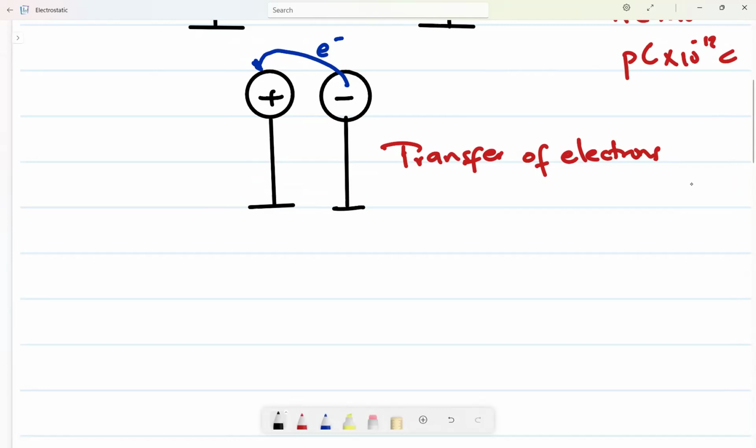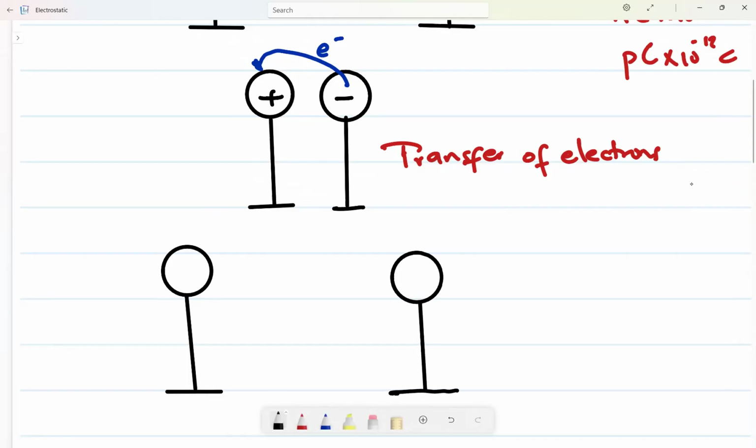When their charge becomes the same, they find themselves like that, and also like that. Now there will be a new charge that is identical for them.